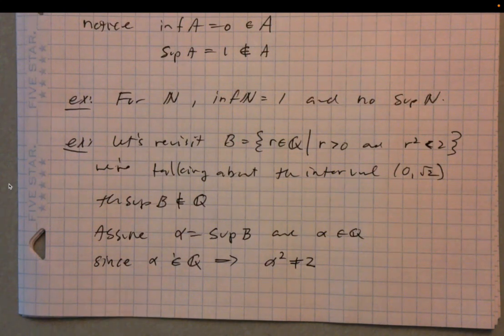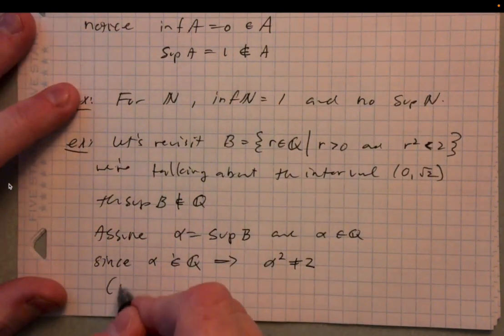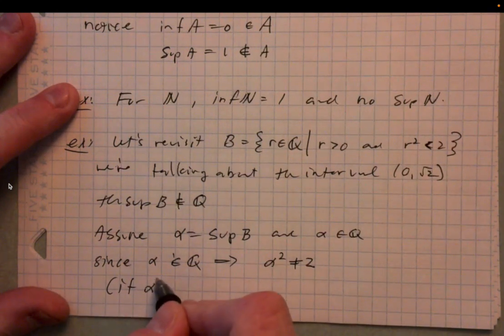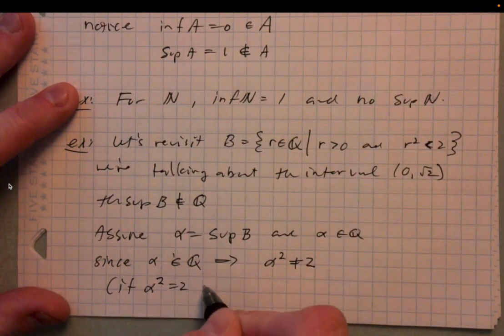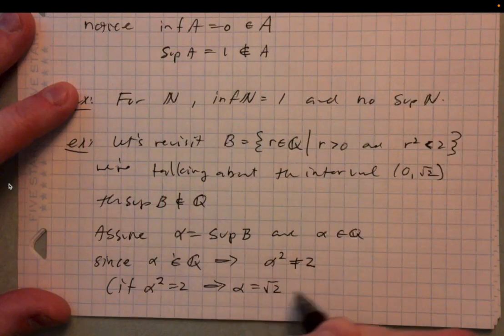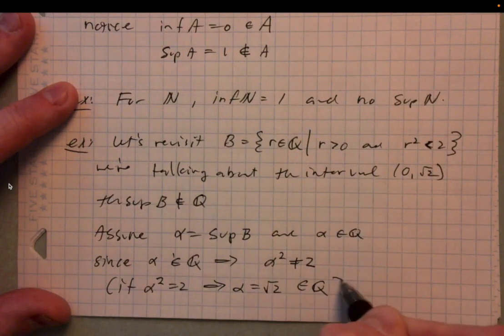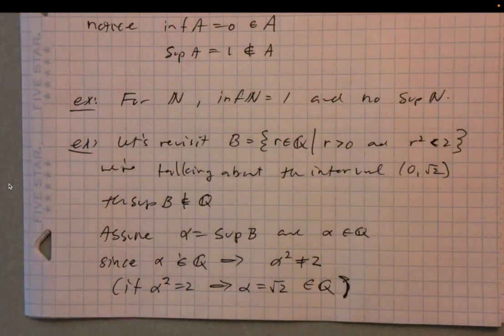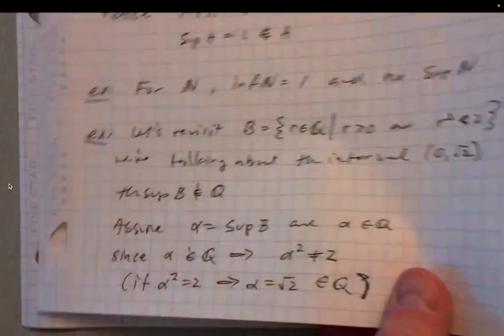Well, basically because we know the square root of 2 is an irrational number. Another way to think about this is if alpha squared equals 2, then alpha equals the square root of 2, which we know is not in Q. So we're not playing it 100% dumb here. We are assuming that we understand the square root of 2 is not a rational number. Okay.